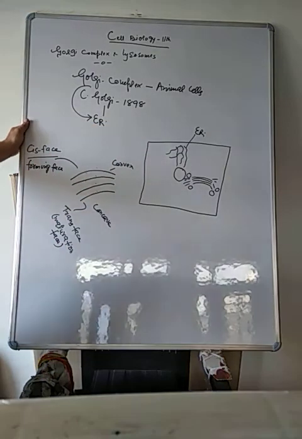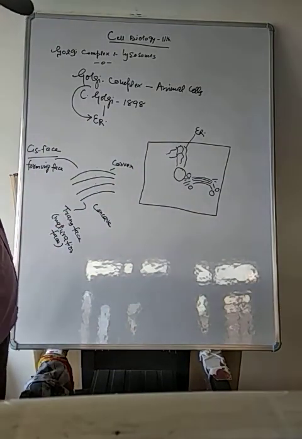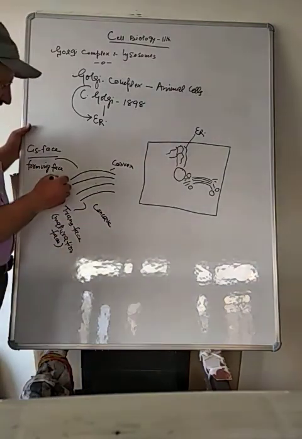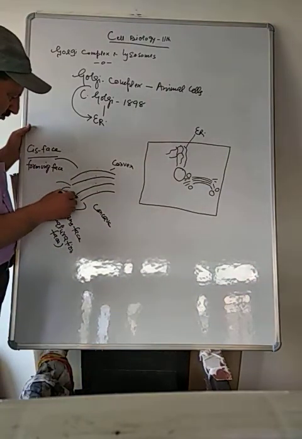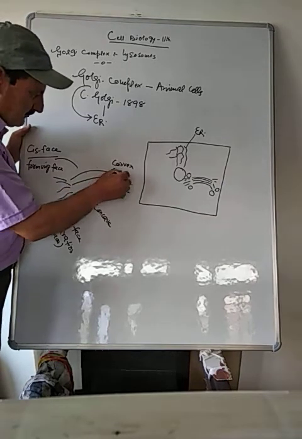If you take endoplasmic reticulum, there were also cisternae, but they were somewhat flat. Here these are somewhat curved. Then there are branching tubules here. These are tubules, just like this.